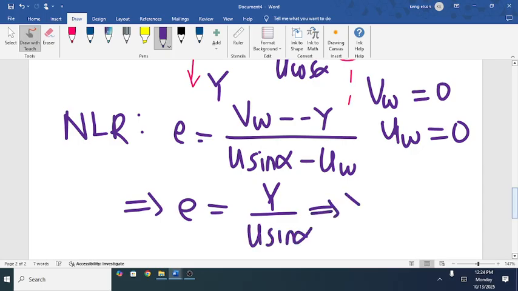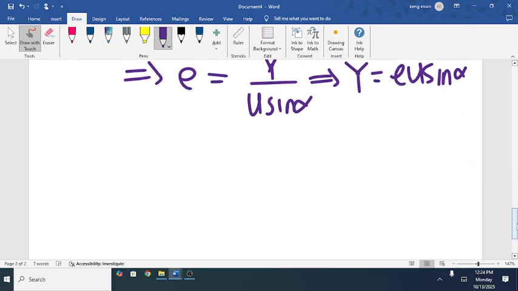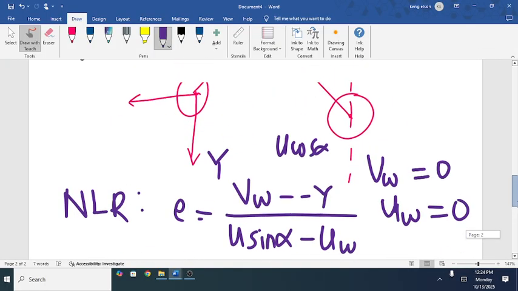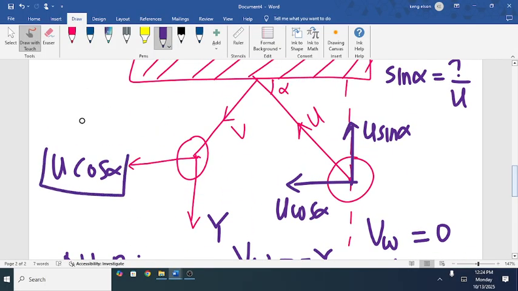So what is capital Y equal to? It is e u sine alpha. Voila. So if I ask you to find the velocity vector, it is equal to the velocity along the x. What is the velocity along the x? It does not change. This is it, but it is negative because it is pointing towards the left.